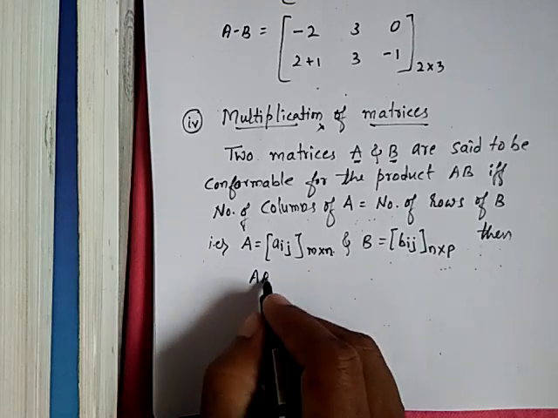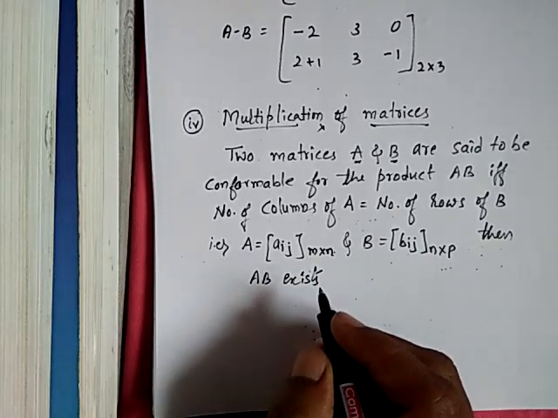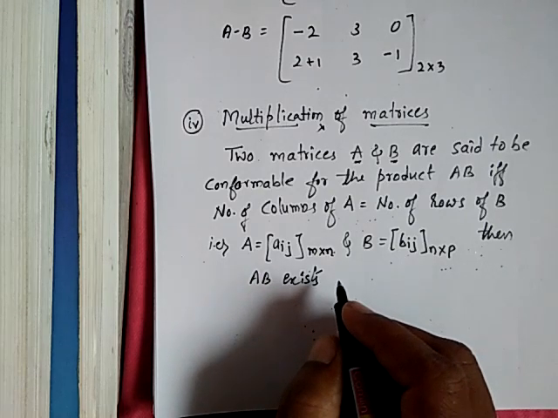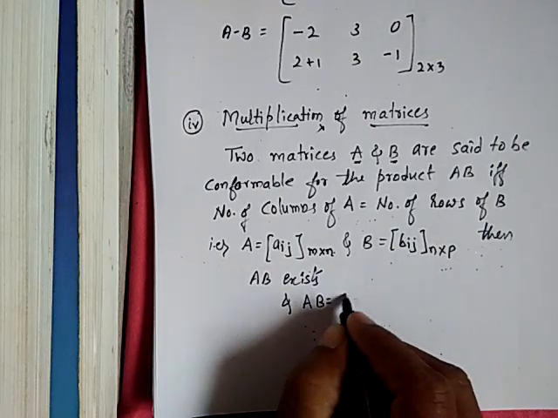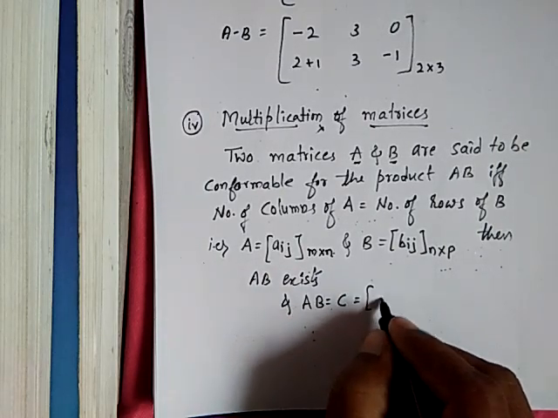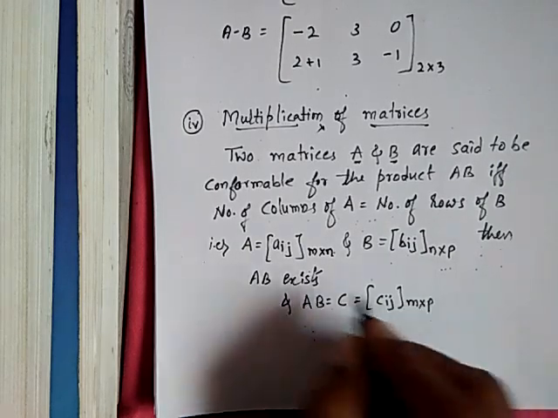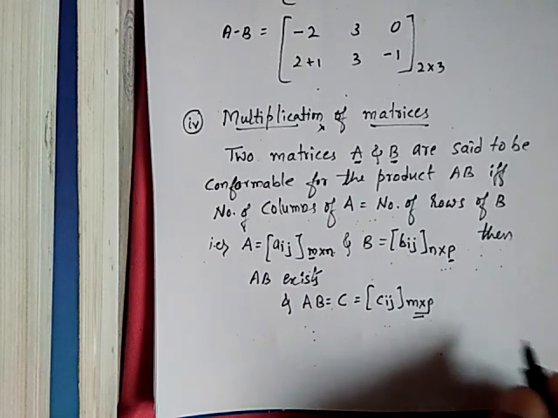How does it exist? AB is equal to some C you will get, which is equal to Cij of m by p. So this row and this column matrix you are going to get here.